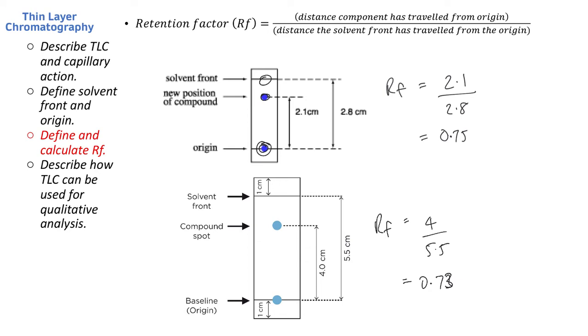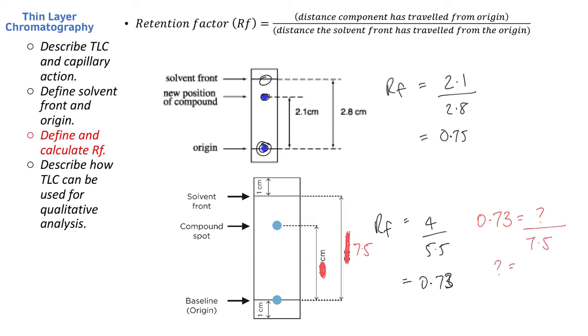What you've also got to be able to do is work out how to rearrange this equation so that you can work out how far components will travel depending on the solvent front. Say, for example, this value here wasn't 5.5. Let's say that value here was 7.5. What would this value over here be? We know that the Rf is going to be 0.73. We don't know how far the component has traveled, but we know that the solvent front traveled 7.5.